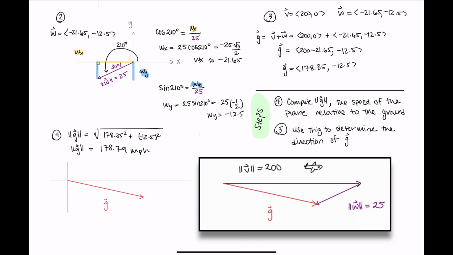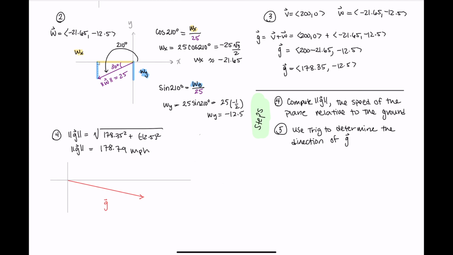So there we are. There is vector g on an XY axis. And I'm going to do the same thing I did already. Start a line here that intersects the axes at a right angle. Now, we want the direction of g, so we're looking for this angle here, this angle theta.